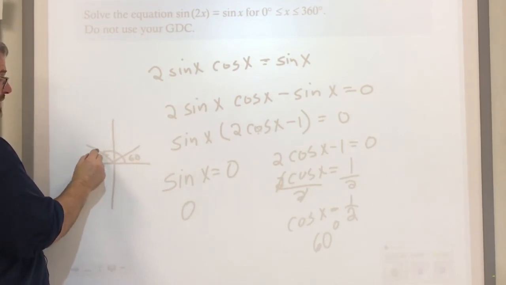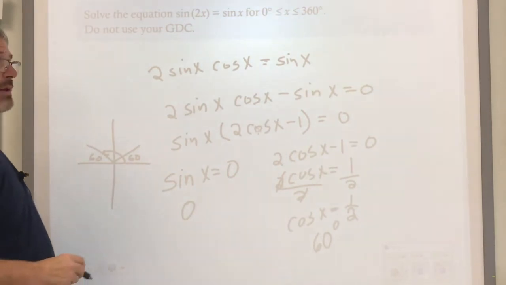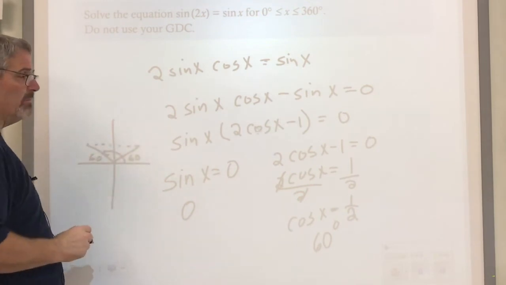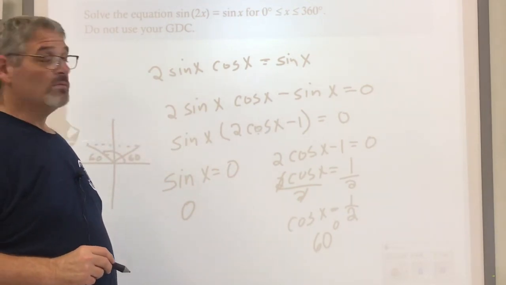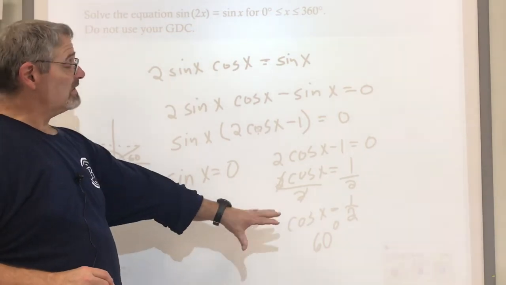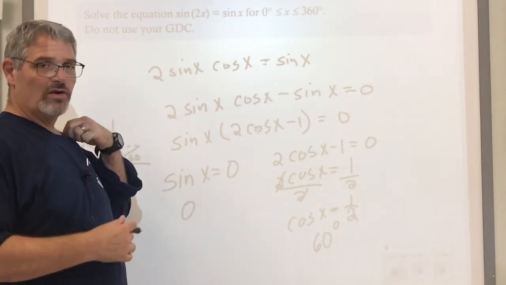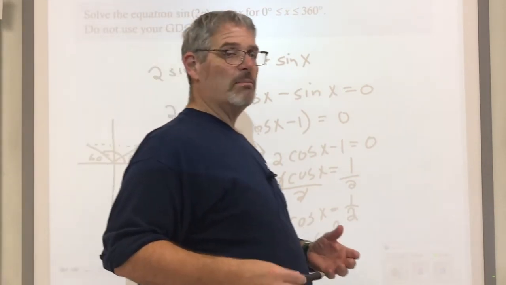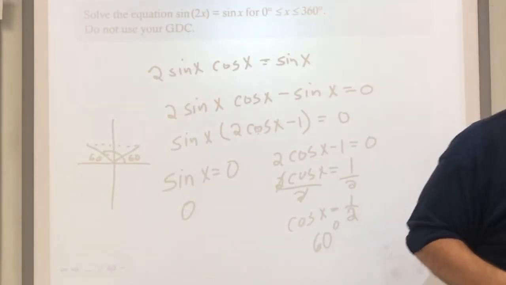In other words, the supplementary angle would be 60 here, so they both have the same y value. So both of these answers are correct. For 0 degrees and for 60 degrees, both of them will give you the same sine.